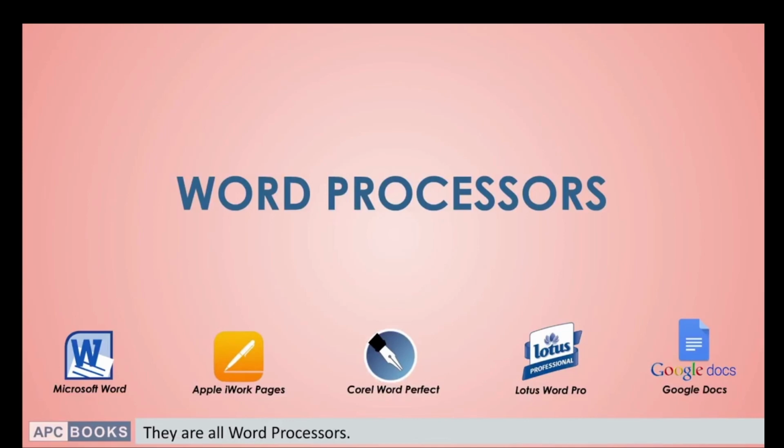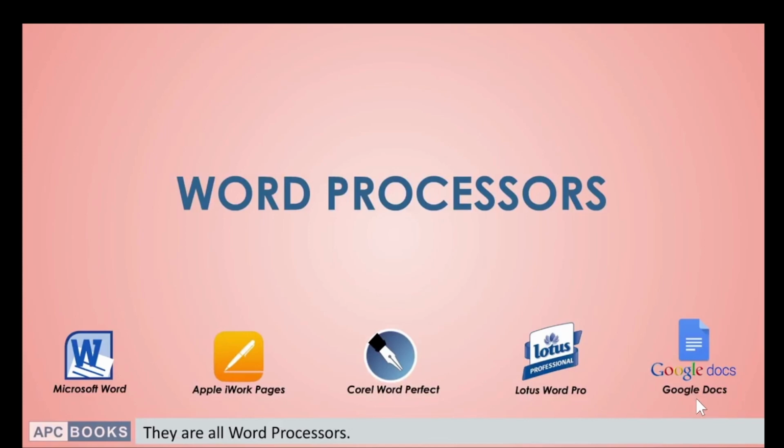They also have their set of Office programs. All right. So we also have another program here called Corel Word. And then we have this one here called Lotus Word Pro. Do you remember Lotus 1, 2, 3? Yes. Okay, that was a spreadsheet program that is discontinued.